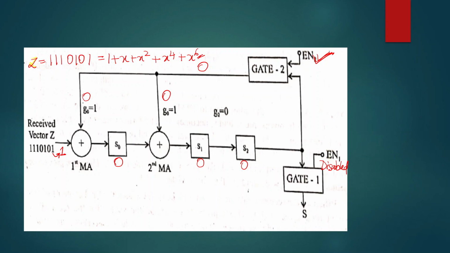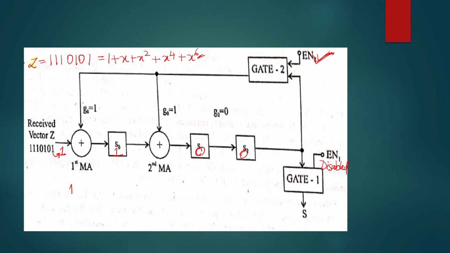So 1 plus 0, the modulo 2 addition, will become 1. Within the same clock cycle, this 1 gets shifted into the first flip-flop. The previous 0 will come out here and 0 plus 0 will become 0 and it enters the second shift register. Then the previous 0 would be shifted to the right. Now this first bit output is over.